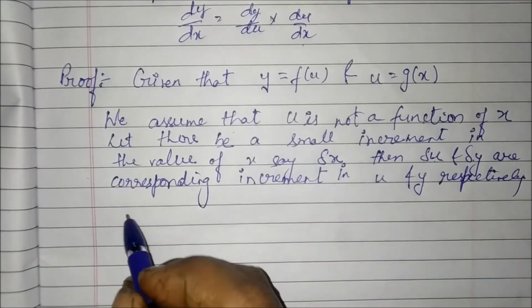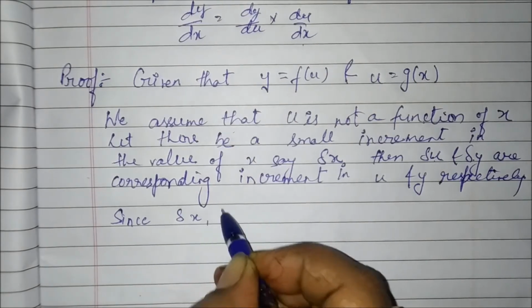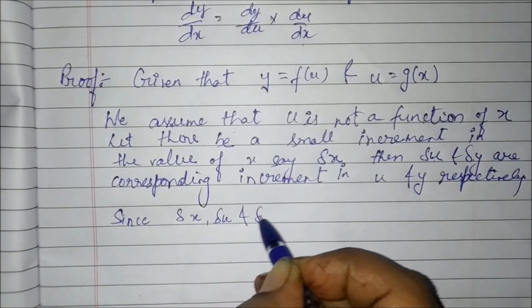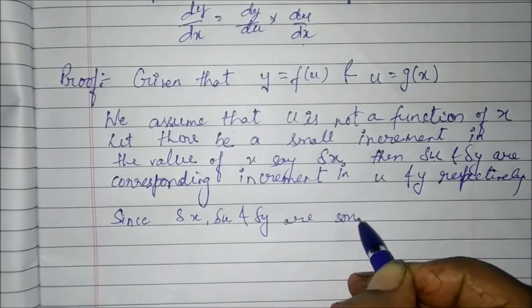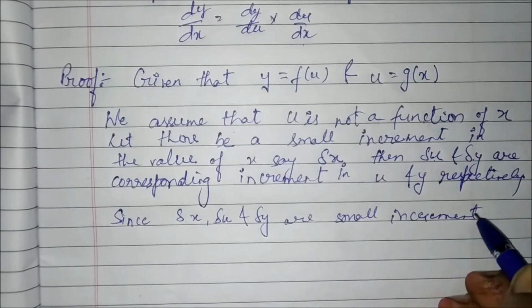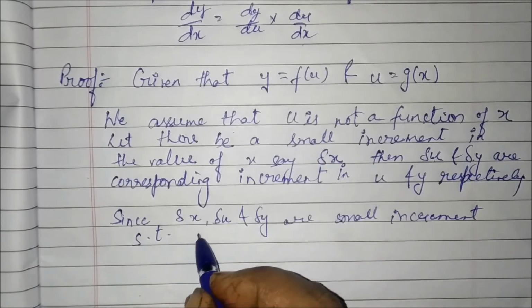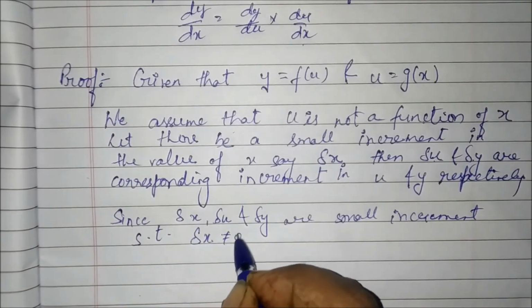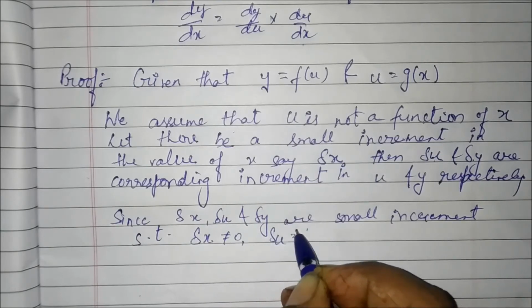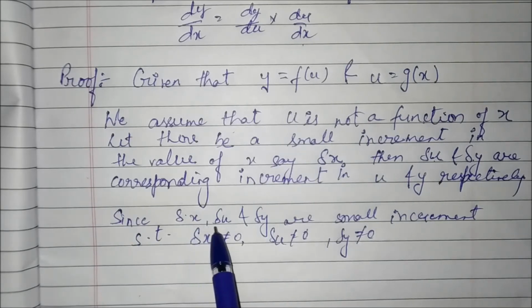Since delta x, delta u and delta y are small increments, they are small but not equal to 0.